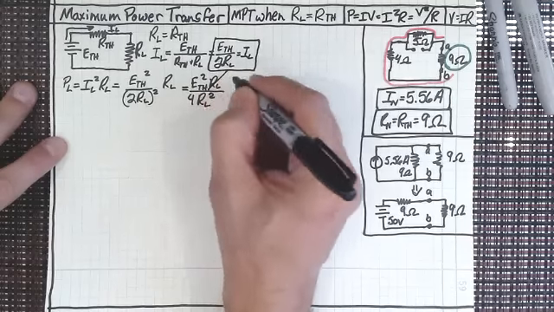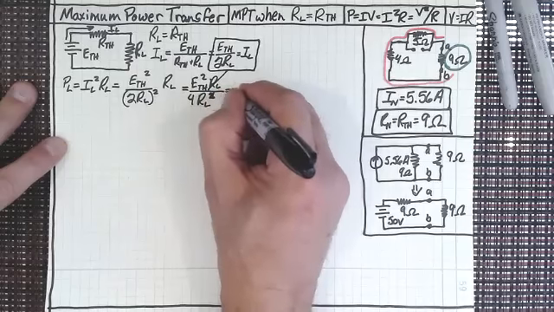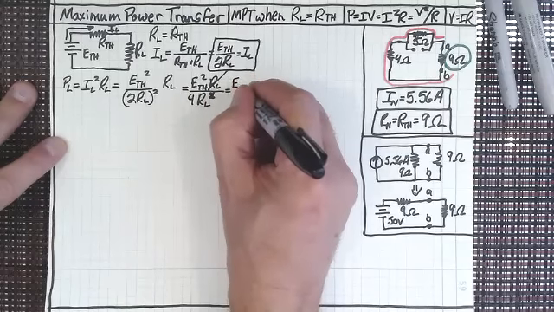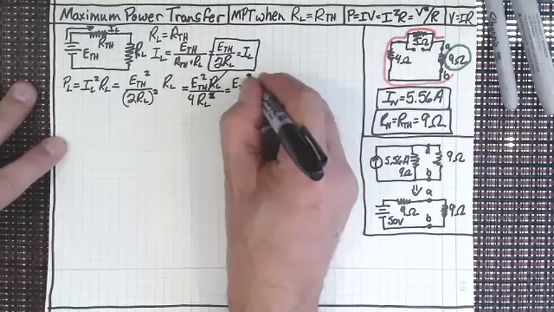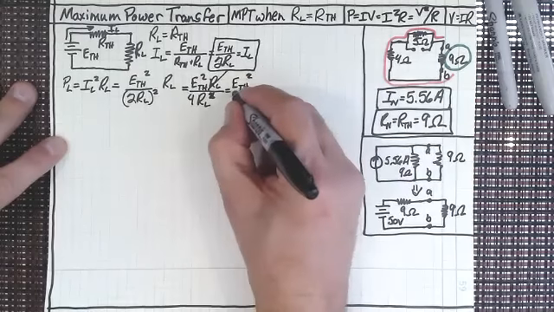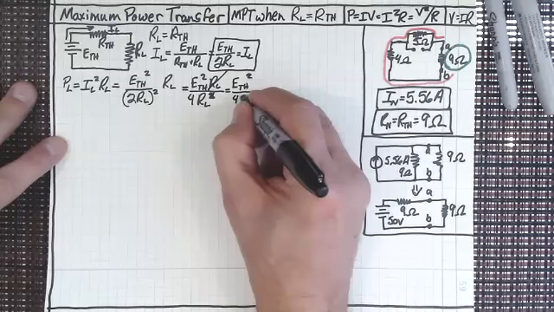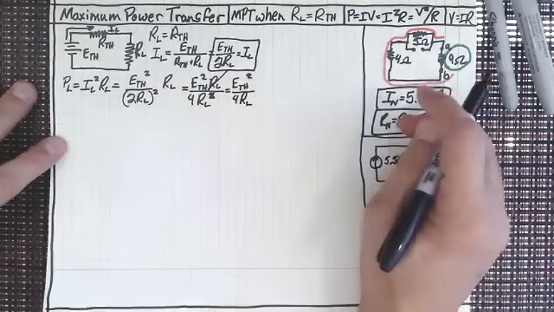And of course, the R sub L is going to cancel out with one of those, and we end up getting E Thevenin squared over 4 R sub L.